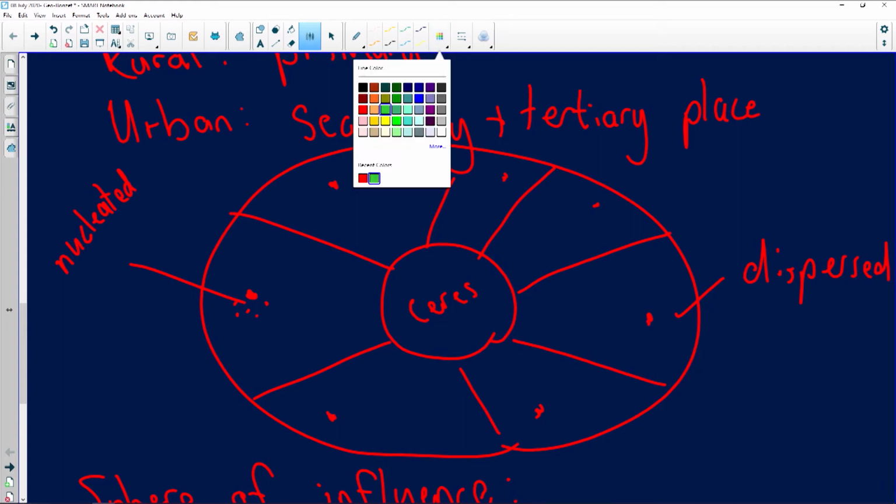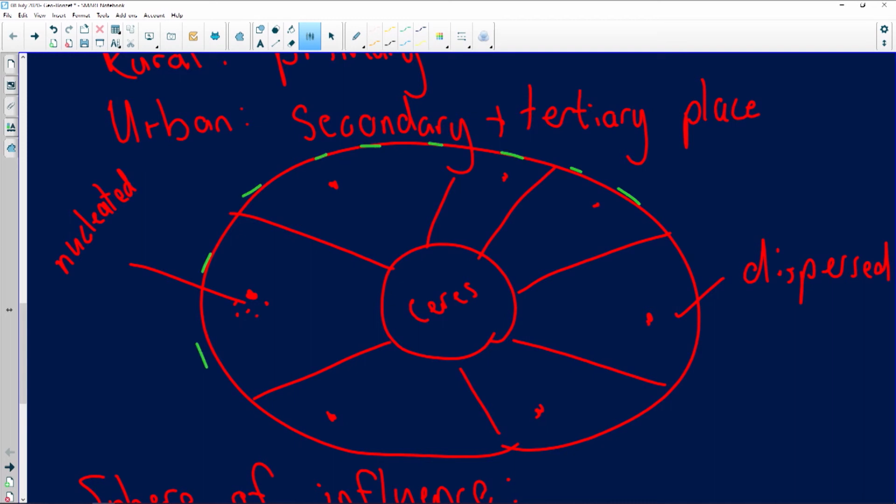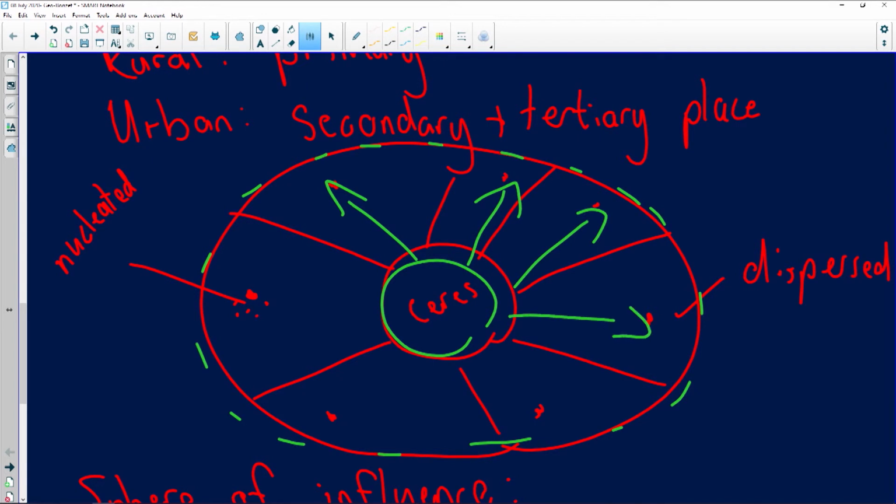The surrounding areas around Ceres, where Ceres draws all these customers. Depending on how big this area is, let's say it's from 40 to 100 kilometers radius, that area from which Ceres draws customers is known as the sphere of influence.